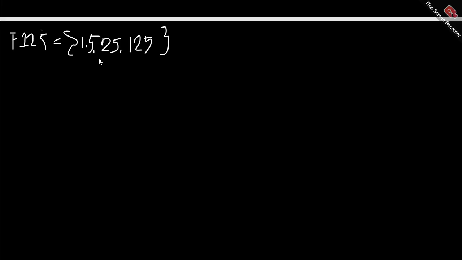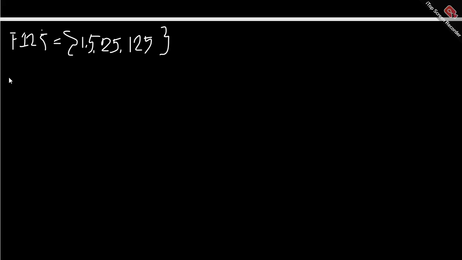So 2 is not a factor of 125. 125 divided by 5, the answer is 25. So 5 is a factor of 125. So just take 125 divided by any number. If it does not give a remainder, then that number is a factor of 125. So these are the factors of 125.